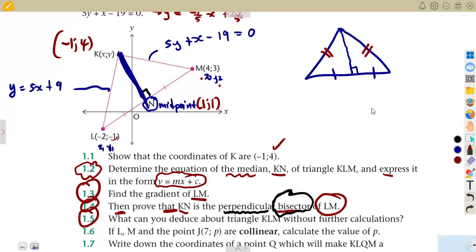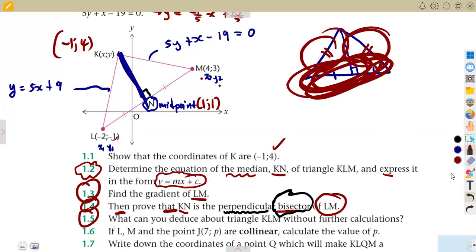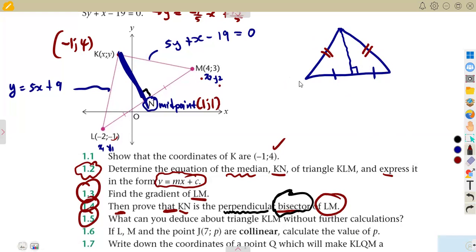But if only these two lines are equal, and not equal to this line, then it becomes an isosceles triangle. So we can't say it's equilateral, but we can deduce that KL is equal to KM. That is the idea there.